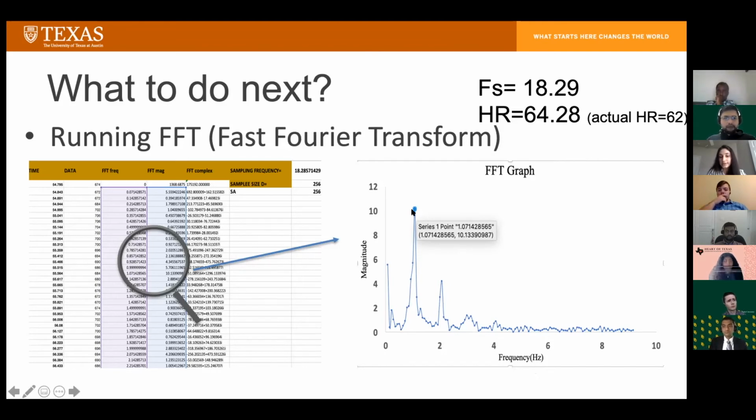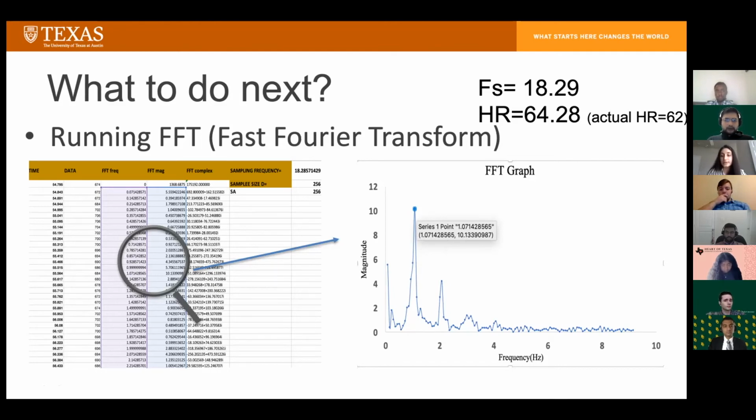So here we can see the coordinates of the peak are 1.07 and 10.113. Since we want to get the heart rate, we want to use the frequency to get the number of heartbeats in 1 minute. So we look at the X coordinate of this peak, which is 1.07, and we multiply it by 60 to give us the heart rate.